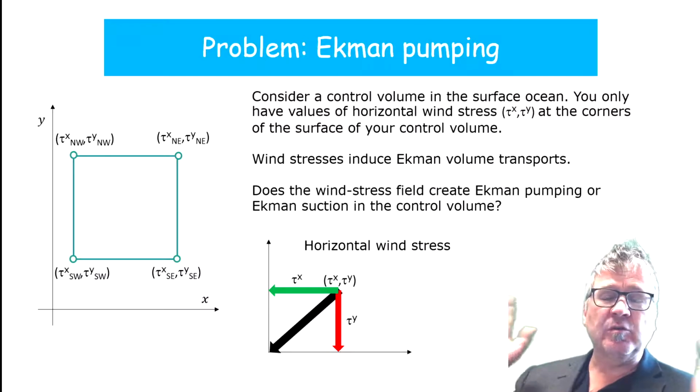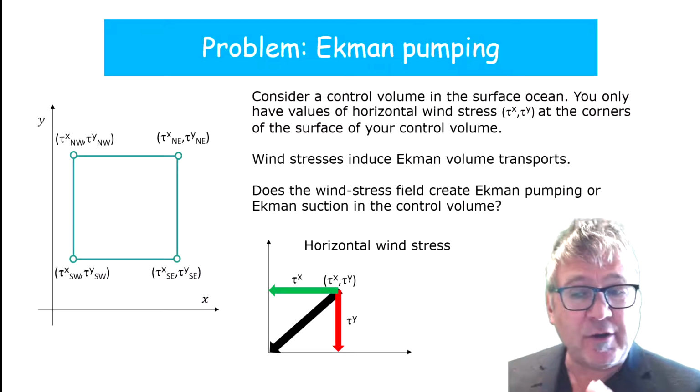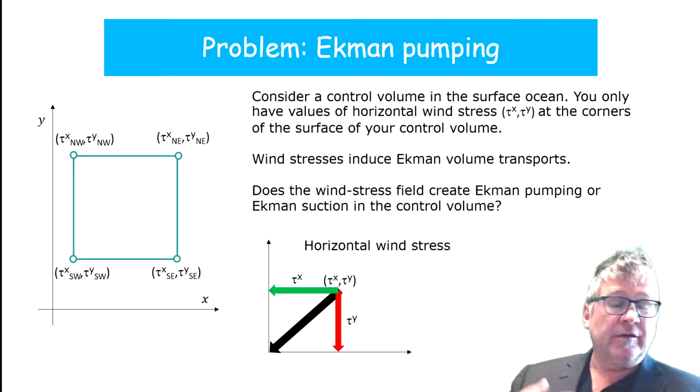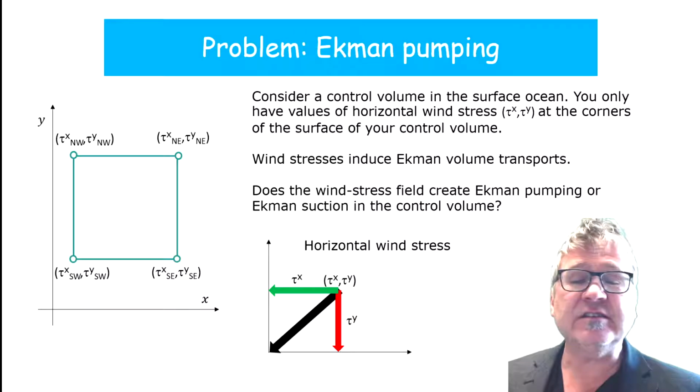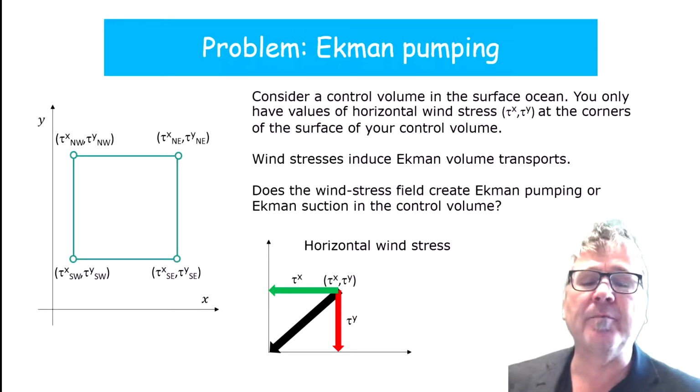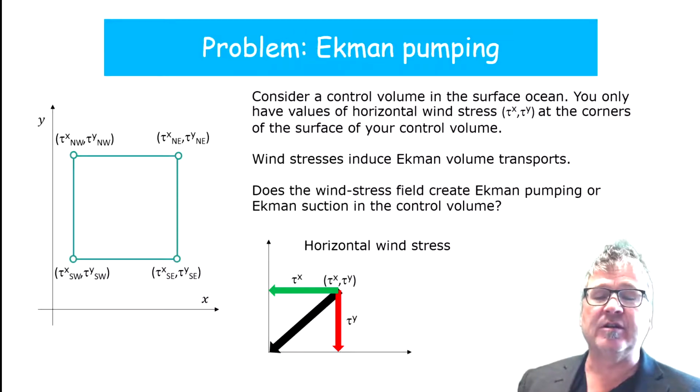Okay, so the question is, in this area here, and you have to imagine that you have the values of the wind stress, does the wind stress field create Ekman pumping or Ekman suction?